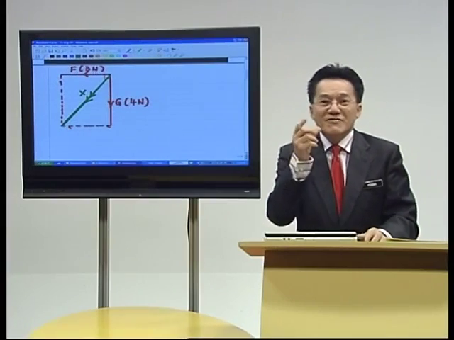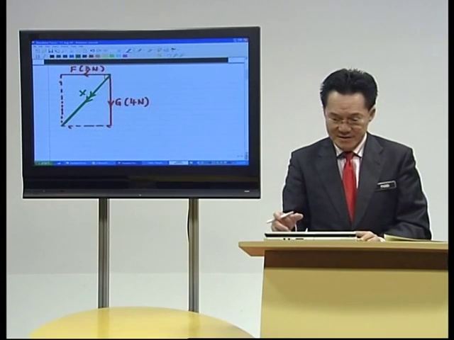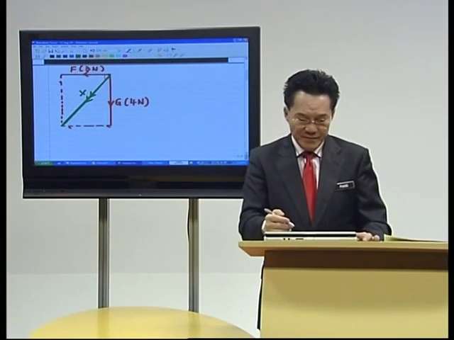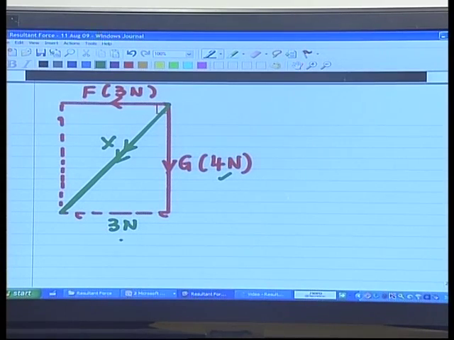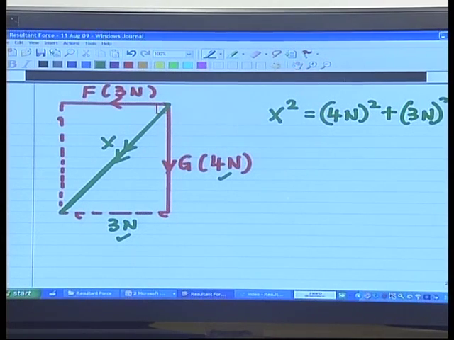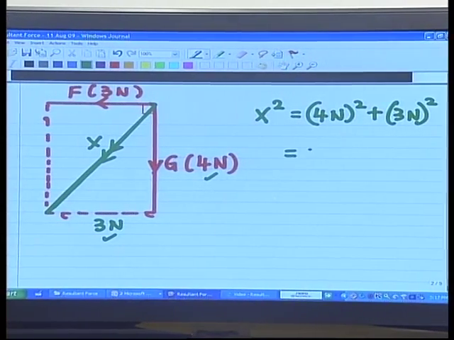And what is the value, the magnitude of x? So we can calculate. Now this is also 3 newtons. This is 4 newtons. This is 3 newtons. So what is x? From the theorem of Pythagoras, x squared will give us 4 newtons squared plus 3 newtons squared.